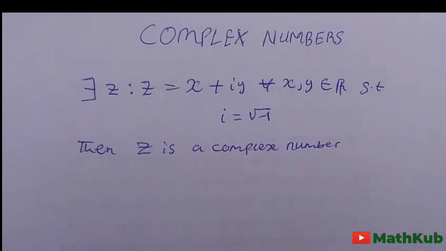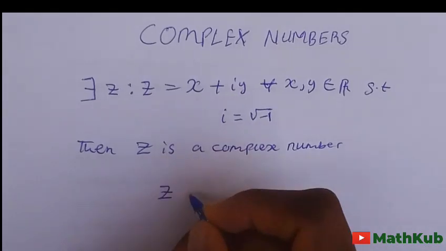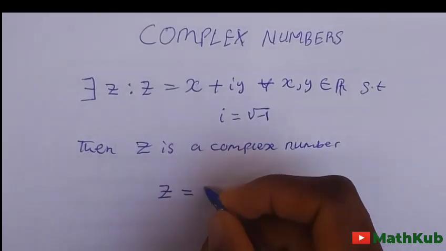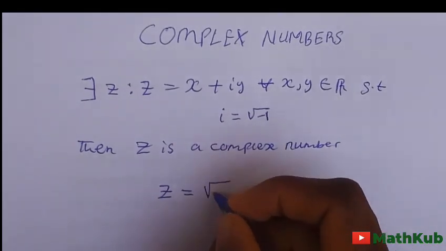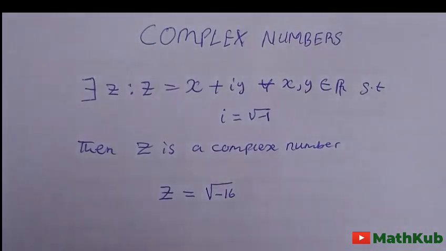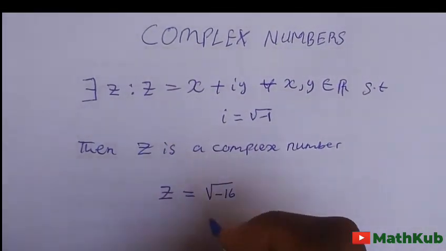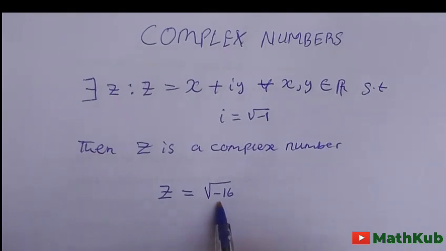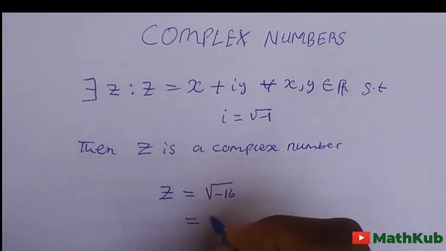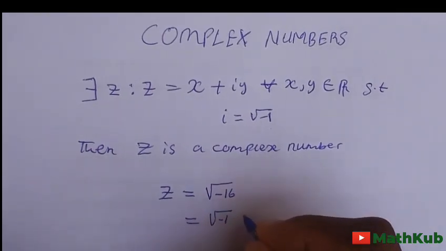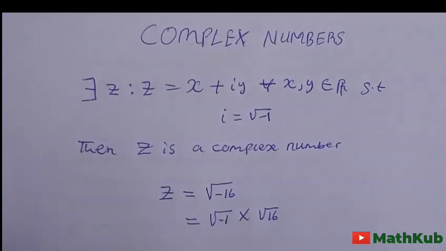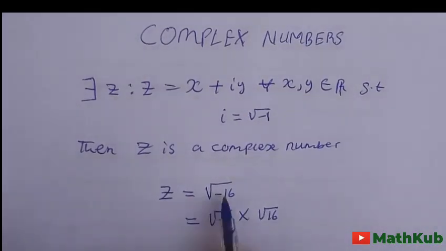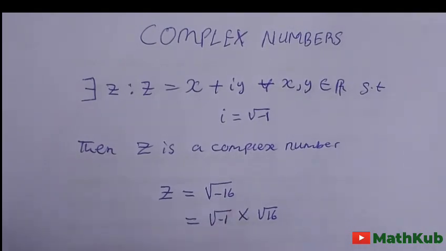How do we know if a number is a complex number? If we have any number, let's say z equal to the square root of -16, we can express it as, because we know that i is equal to the square root of -1, the square root of -16 can be written as the square root of -1 times the square root of 16, so that when you multiply -1 times 16, you have the square root of -16.